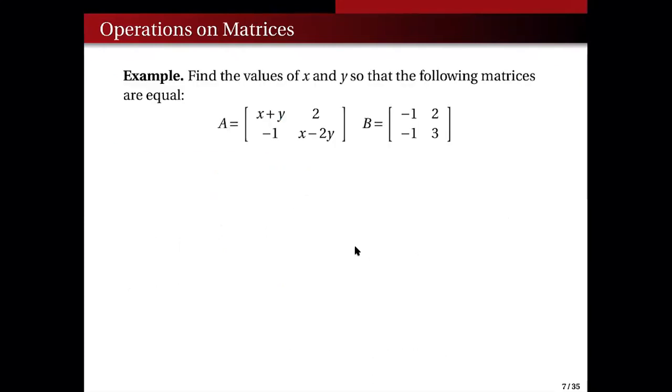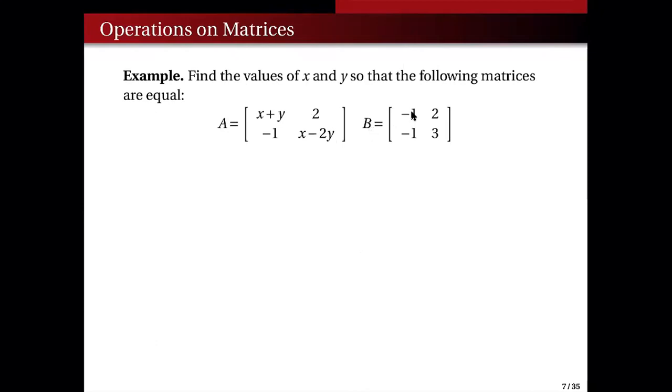For example, we want to find the values of x and y so that these two matrices are equal. So observe our conditions so that they will be equal. Okay, same size. You have here 2 rows and 2 columns. So this is a 2 by 2 matrix.